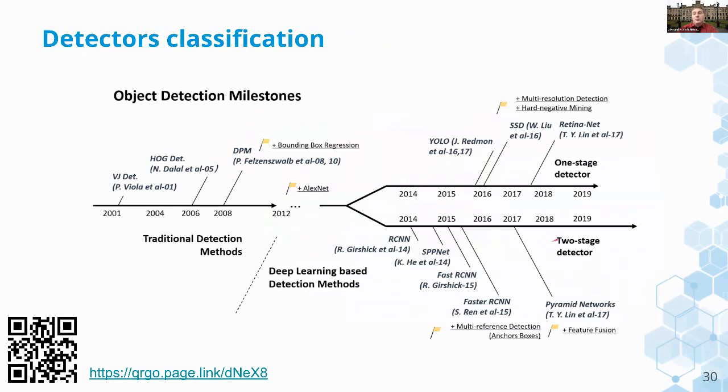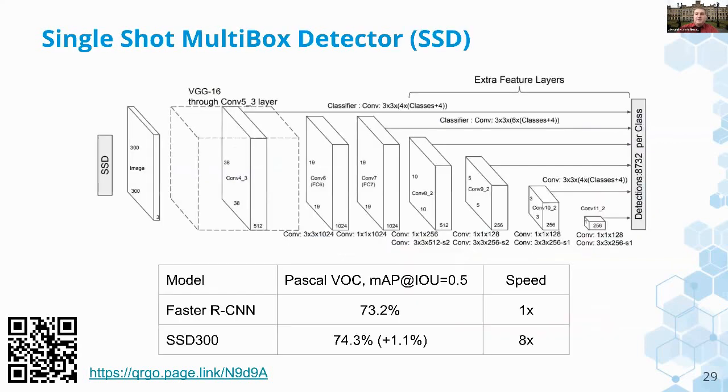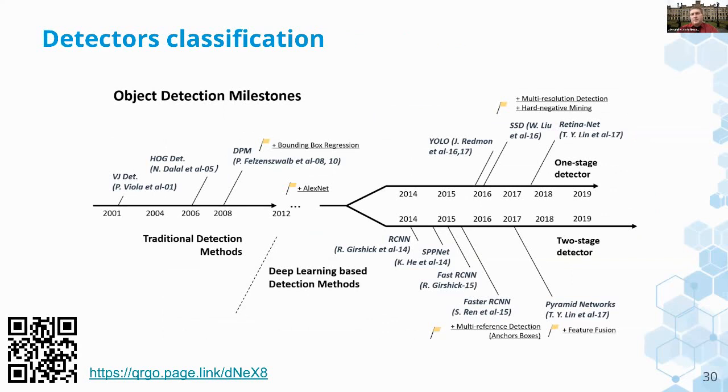Generally, input resolution for one-stage detectors is much smaller compared to two-stage detectors, because this simply depends on the underlying ideas incorporated in these detectors.